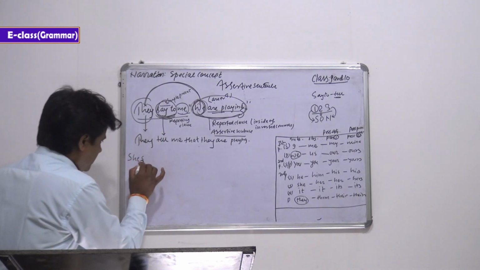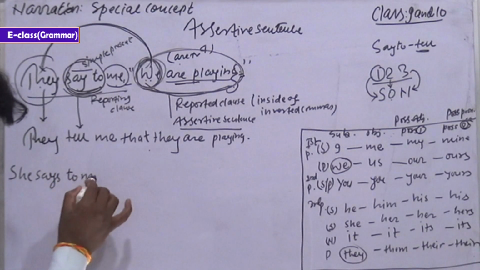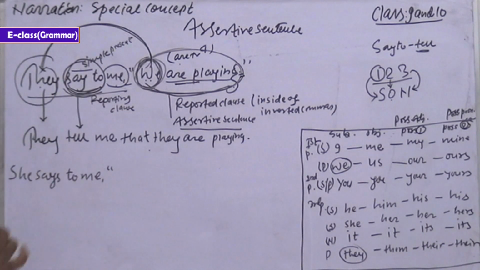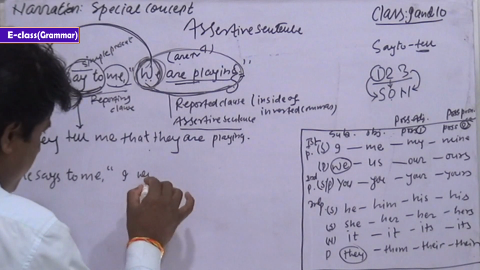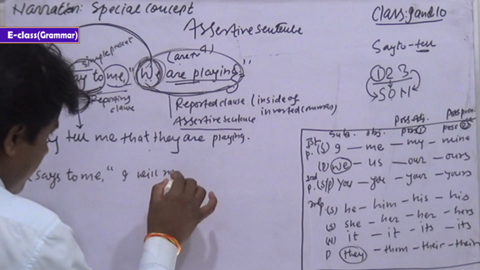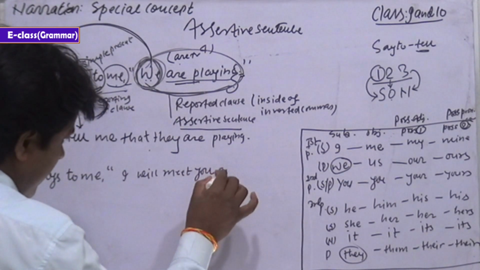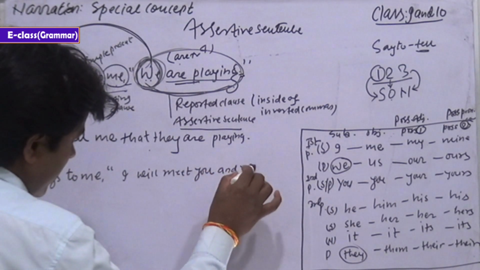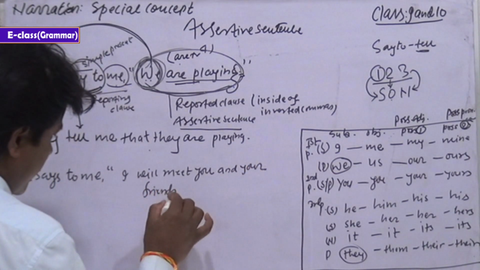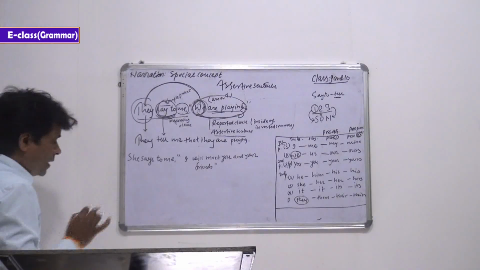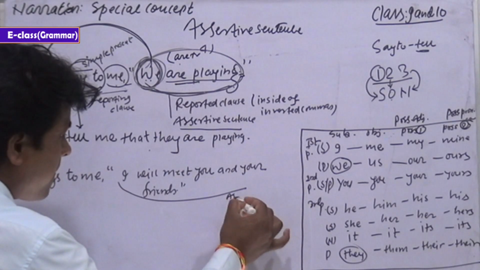Now see the next example here. She says to me, comma, inverted comma, I will meet you and your friends. See here. Okay. Now, which sentence is this again? Assertive.